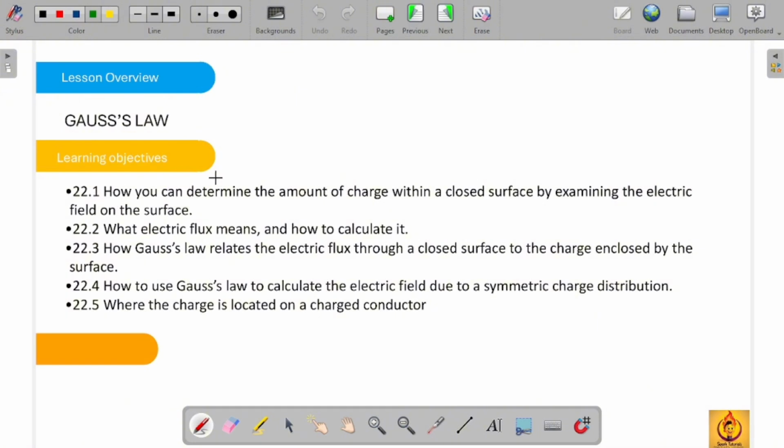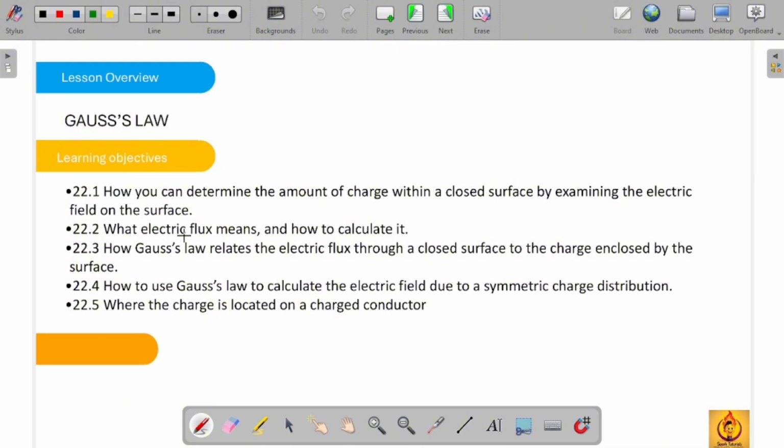So our learning objectives are: how can you determine the amount of charge within a closed surface? So we are going to use surfaces to calculate the electric field, and you'll find that the charge enclosed by some shape that you use will have to be equal to the electric field.